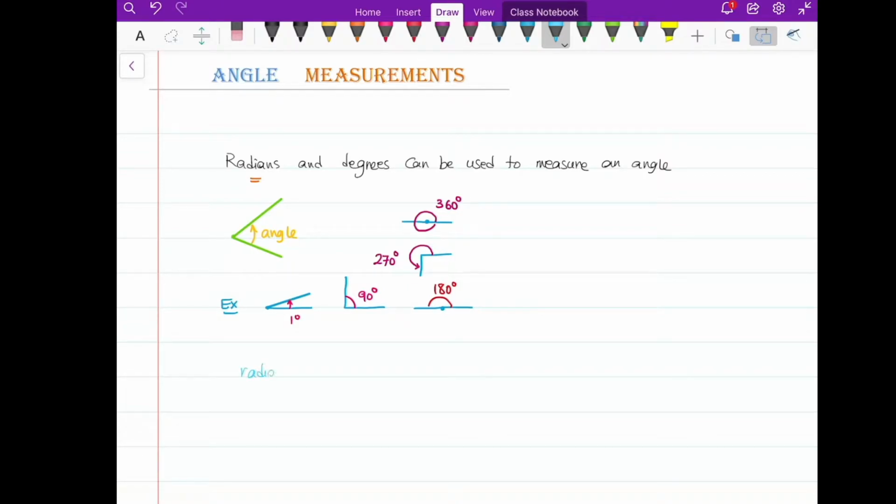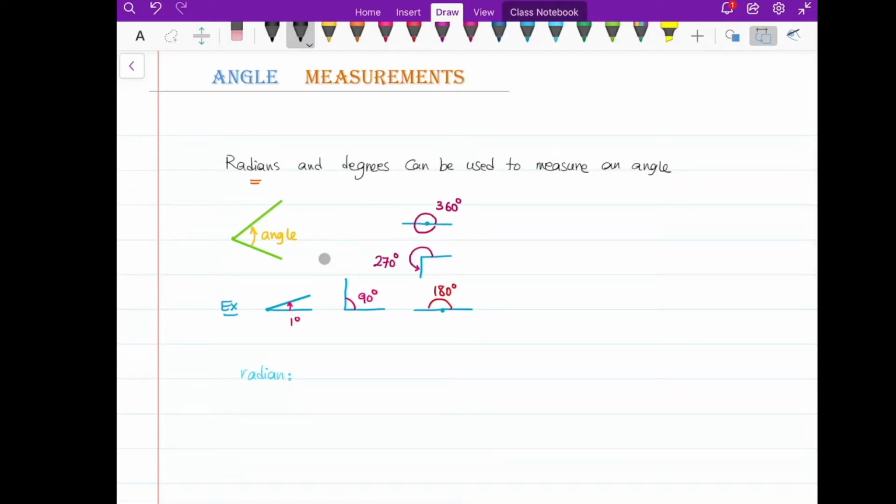Okay, now what is the radian? Radian, as I said, is used to measure an angle, and to know what a radian is, we can consider the unit circle. The unit circle is basically a circle of radius 1.